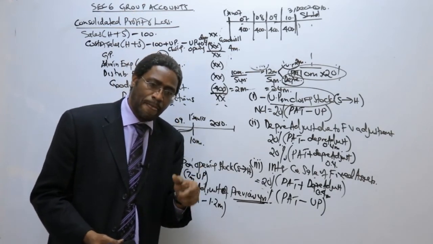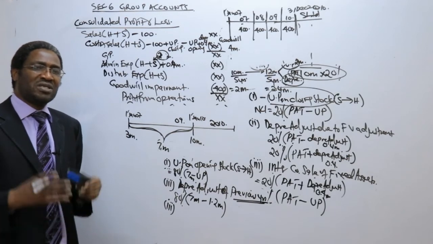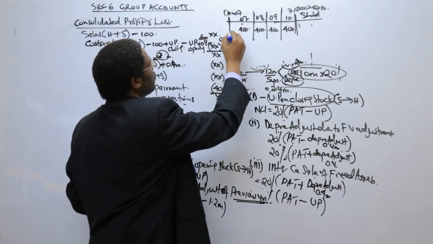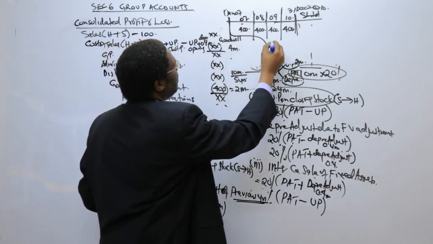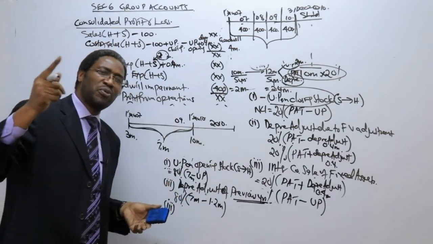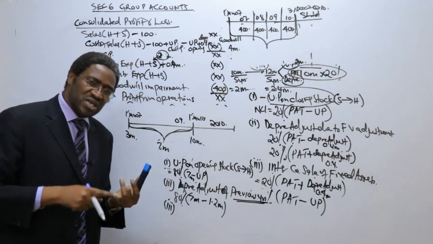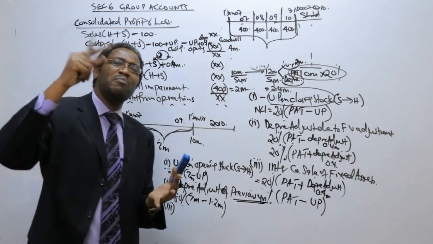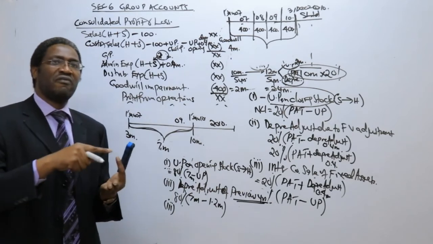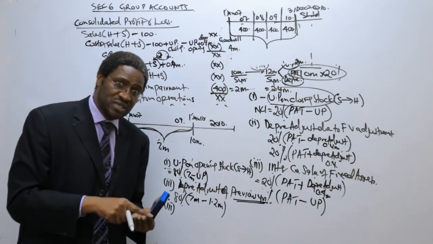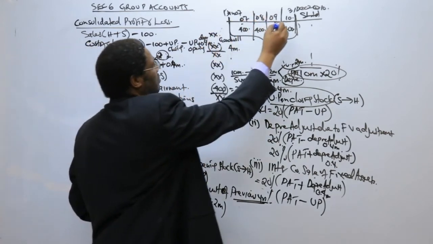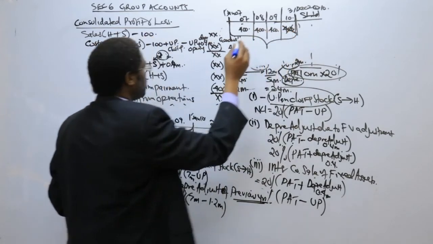Now, but don't forget, this goodwill has suffered an impairment loss from the time I acquired it up to the end of this year. That goodwill has suffered an impairment loss of 1.6 million. Every year, the subsidiary was supposed to impair their goodwill by 400, 400, 400, and another 400. For the current year, I have charged that 400, which is here.